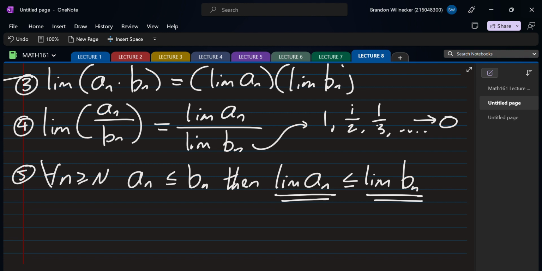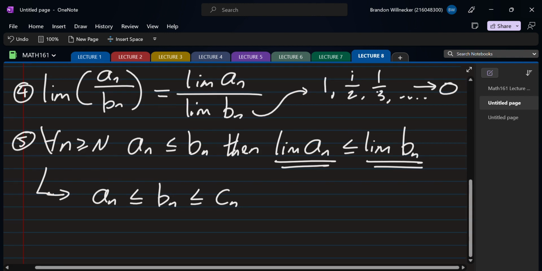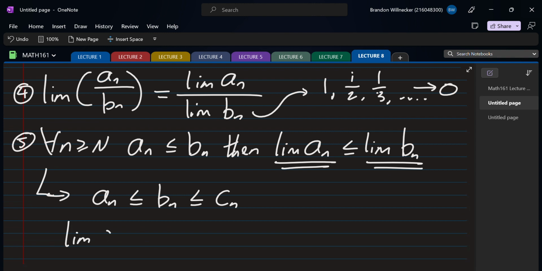And then with this, we can also extend this a little bit to use the squeeze theorem. So if we have an less than or equal to bn less than or equal to cn, if we take the limit throughout, and we have, let's say, the limit an is less than or equal to the limit bn less than or equal to limit cn, if the far left and far right limits exist and are the same, then the middle limit will take on that value.